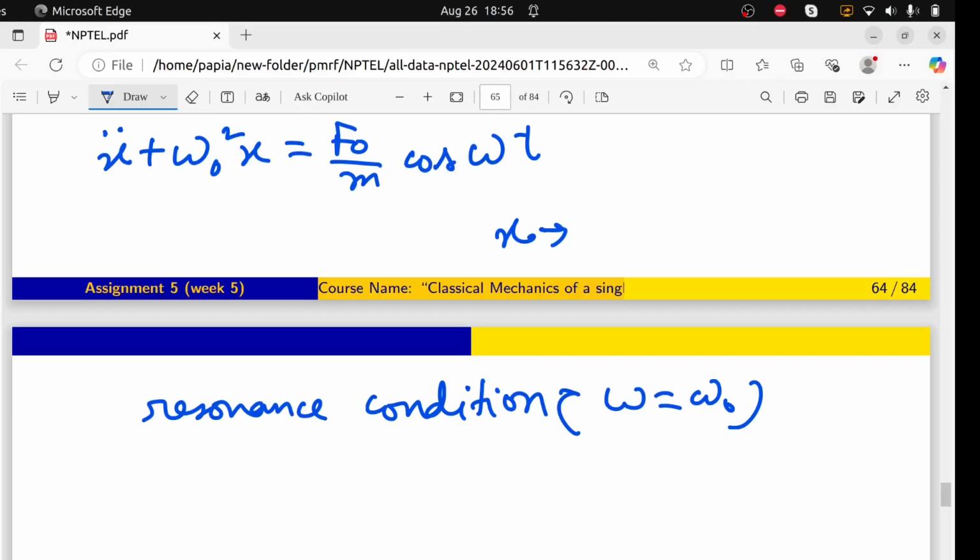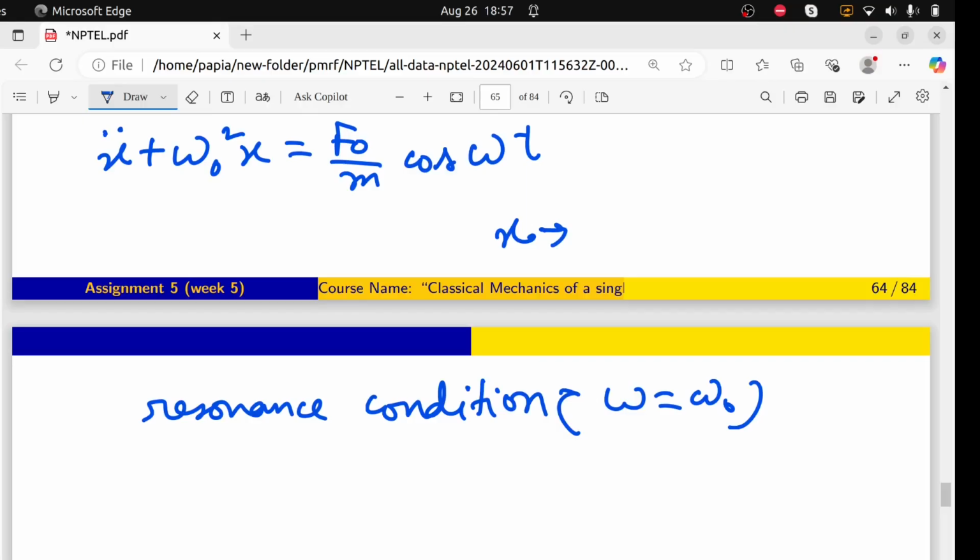So we have to take a particular type of trial solution so that we can have the resonance condition intact. Sir has already explained this resonance calculation, so I am just going to do a little bit on that so that we can have a better feeling.